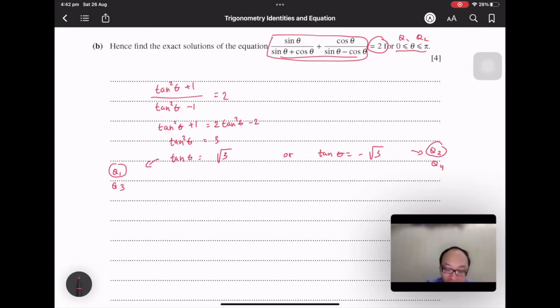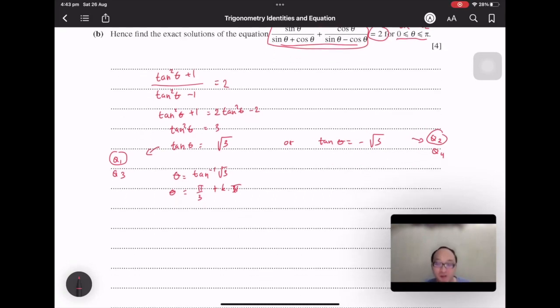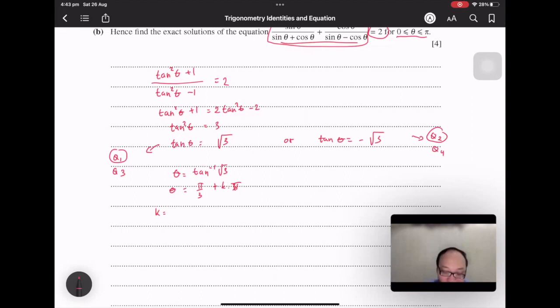So the theta in here is the tangent inverse of root 3. So the theta will be equal to 60 degrees, or in radian it's pi over 3 plus k times pi. The period of tangent is pi. For k equals 0, the theta will be equal to pi over 3 radian.